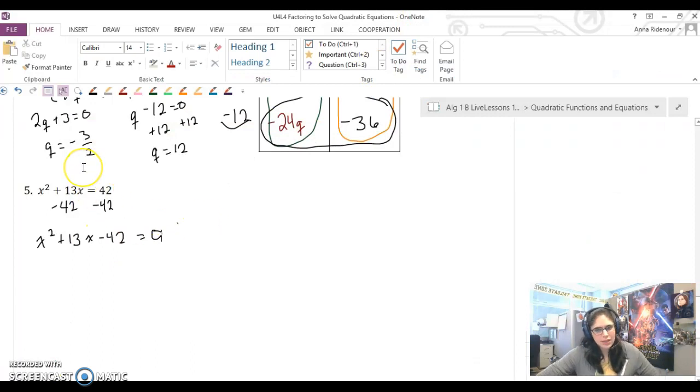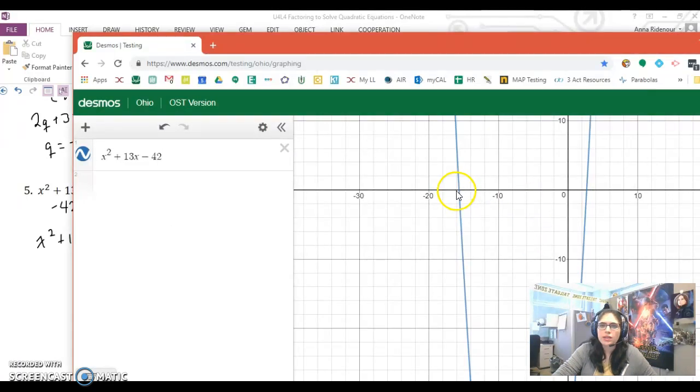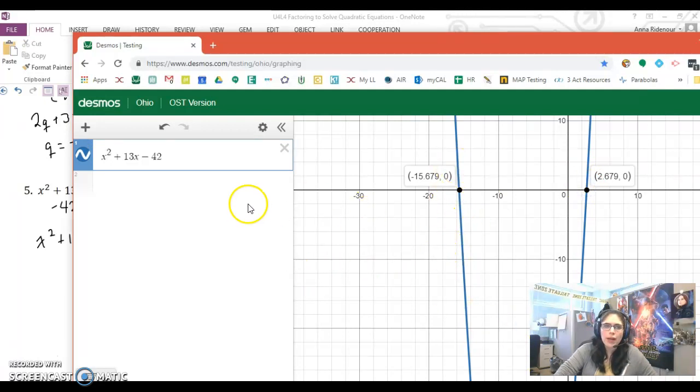So this is an example of one that we can't solve using any of the methods that we've learned so far, because if I look at this graph, clearly these are going to be like some kind of fractional answers, but I can't factor this trinomial. And if it's a multiple choice question and it's fractions, I can't figure that out.